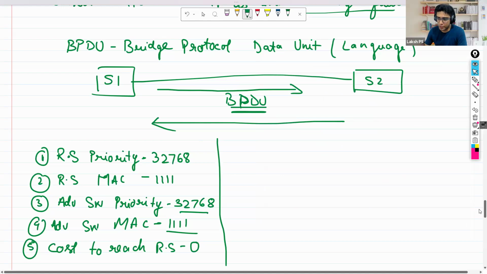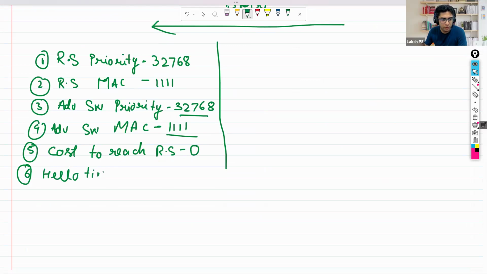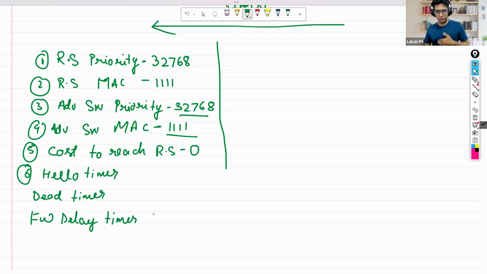To remove the confusion, let me also write the 6th: hello timer, dead timer, and forward delay timer. I will explain these timers later.